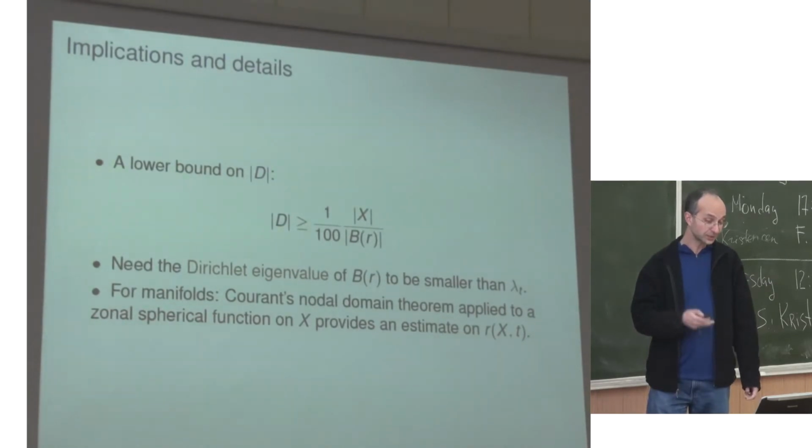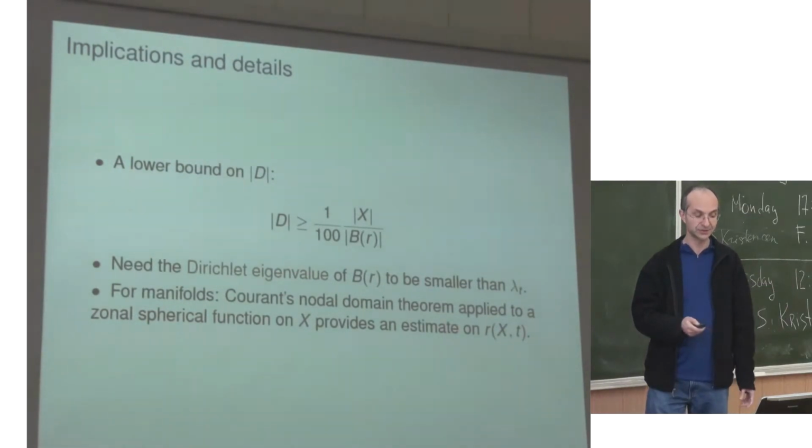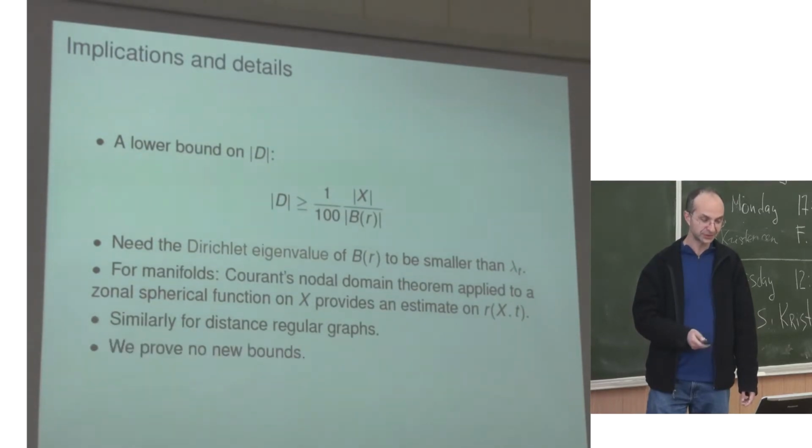And Courant's nodal domain theorem tells us that if you take an eigenfunction corresponding to eigenvalue lambda, then any of its nodal domains has Dirichlet eigenvalue lambda. And for graphs, it's even easier, right? You take an eigenfunction, the connected components of its positive values, and we get a special example. So we get an estimate on this radius that we want. It's very similar for graphs.